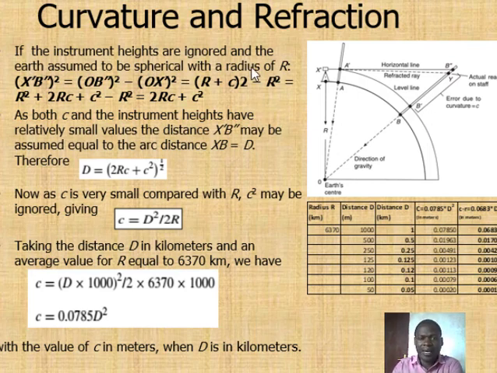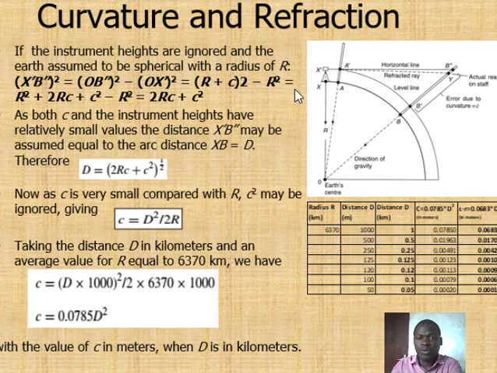If the instrument heights are ignored and the Earth assumed to be spherical with the radius R, we consider the triangle O X B second, and from that XB second squared is equal to OB second squared, which is equal to radius plus the error due to the curvature squared minus R squared.